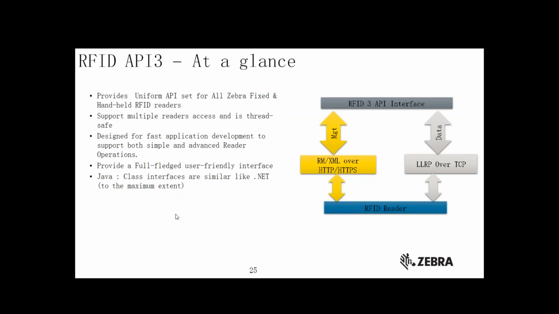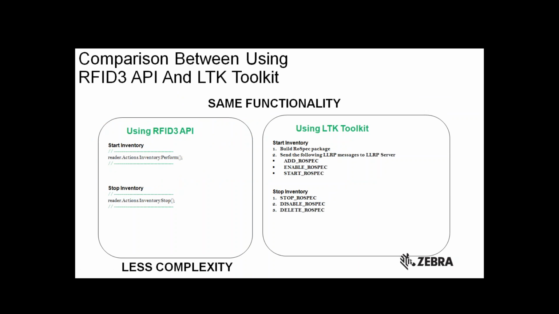Now, let's look at a side-by-side comparison of code, especially as you're writing your application, that's where it makes a big difference. So let's say you write a simple application where you want to do an inventory of the tags. This is a very simple example.